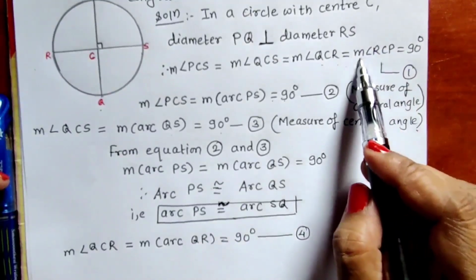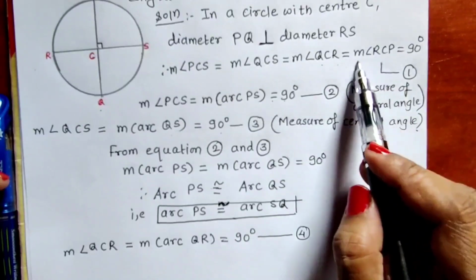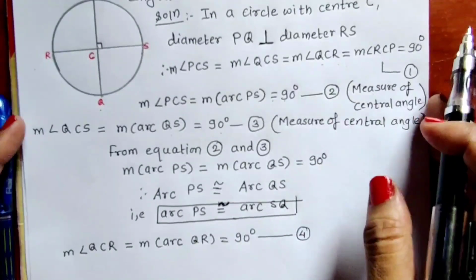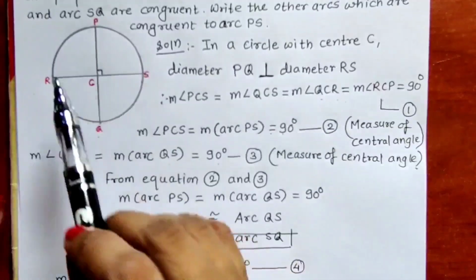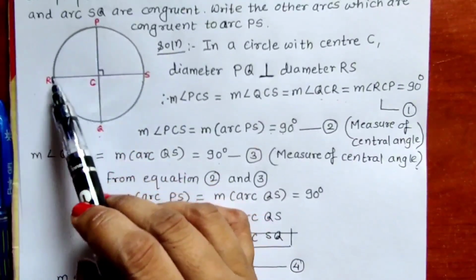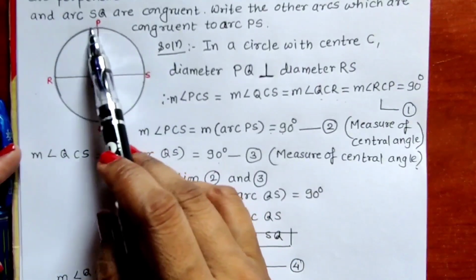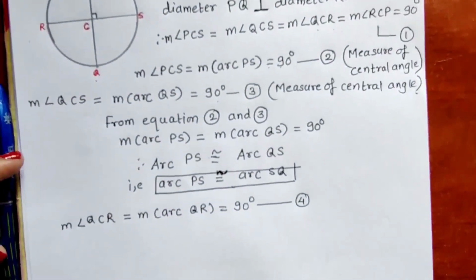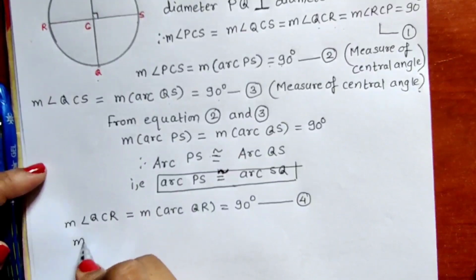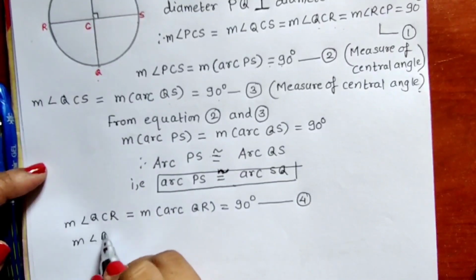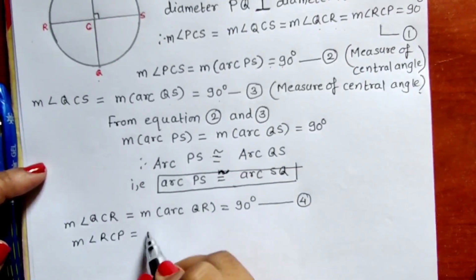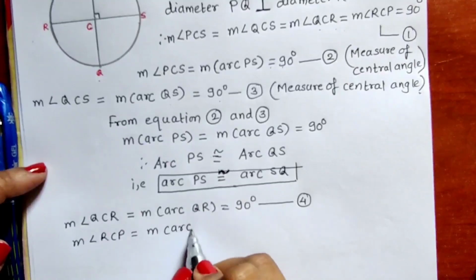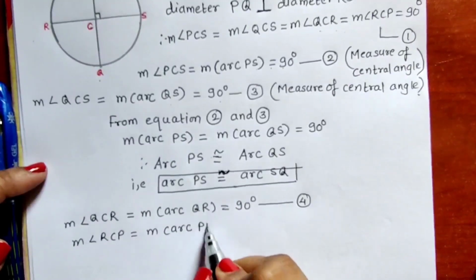Similarly, we can write for this measure of angle RCP. See, angle RCP is here, and its corresponding arc is PR or RP. So I will be writing here measure of angle RCP is equal to measure of arc PR.